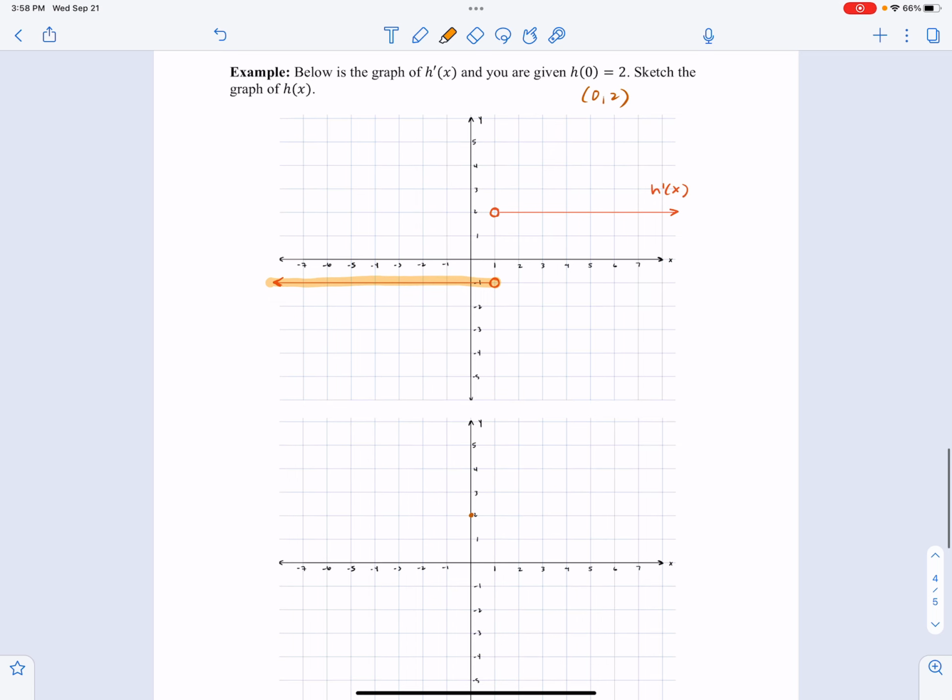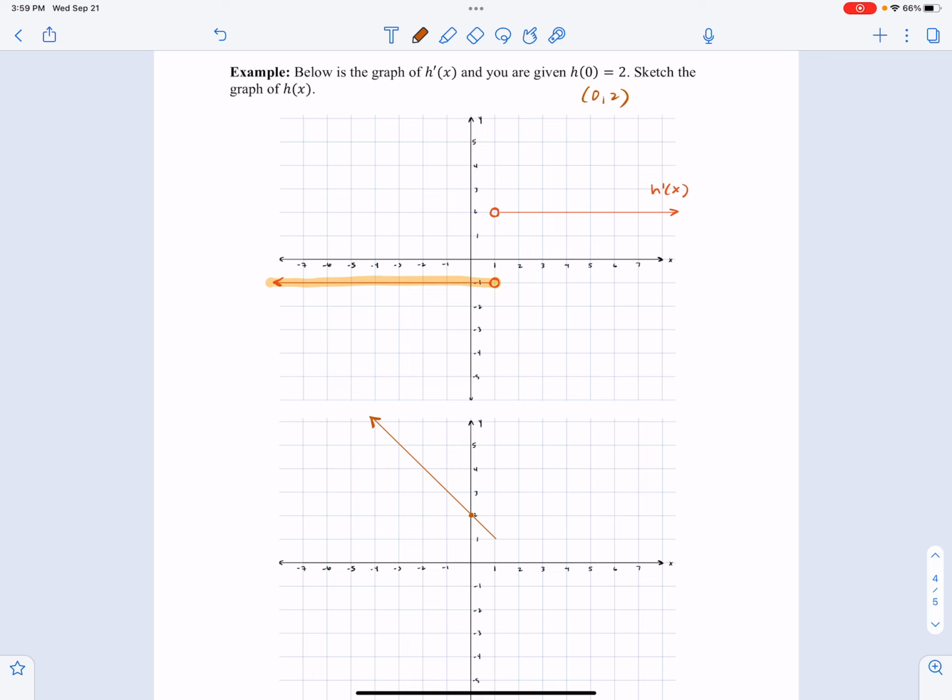So the slope to the left of 1 would be -1. So to go off of the one point that we know, the graph would need to look like that.